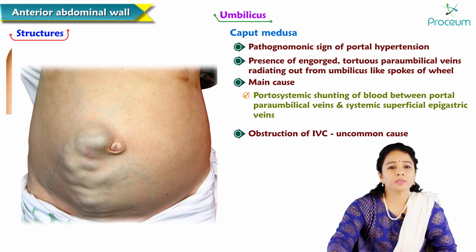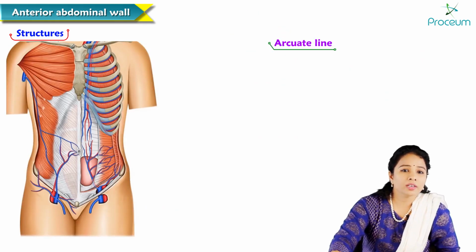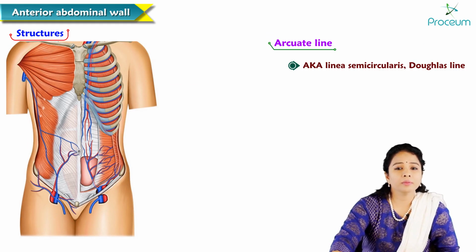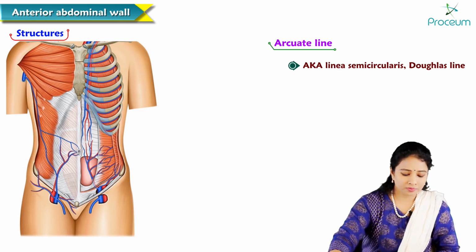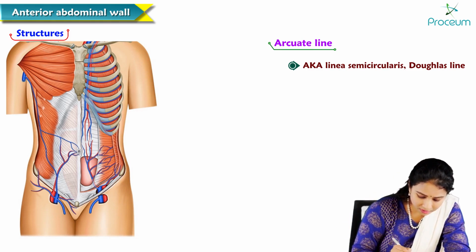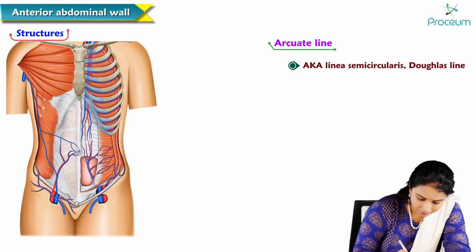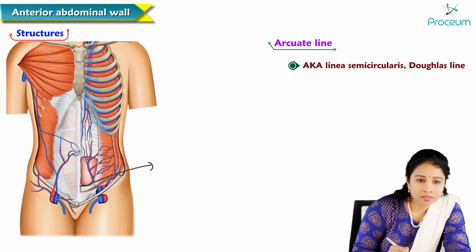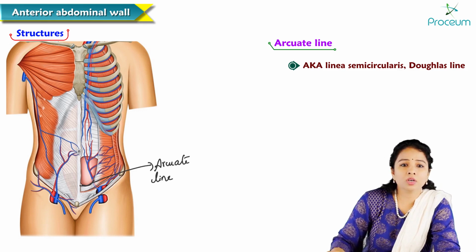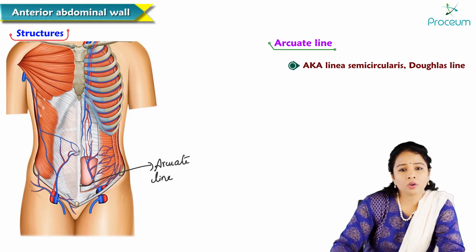The next important landmark is the arcuate line, or linea semicircularis, or Douglas line. The inferior limit of the posterior rectus sheath lies approximately 1/3 of the distance between the umbilicus and pubic symphysis. So between the umbilicus and pubic symphysis, the inferior limit, this line, is the arcuate line, otherwise called linea semicircularis or Douglas line.